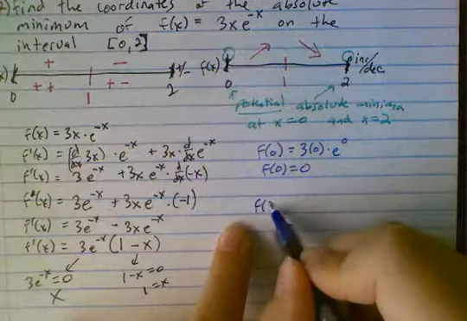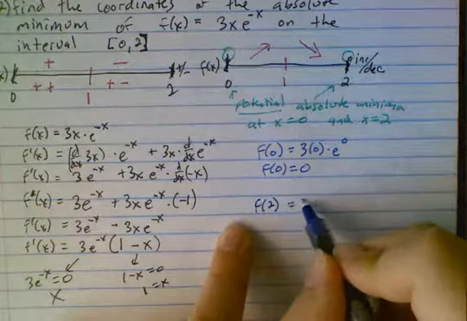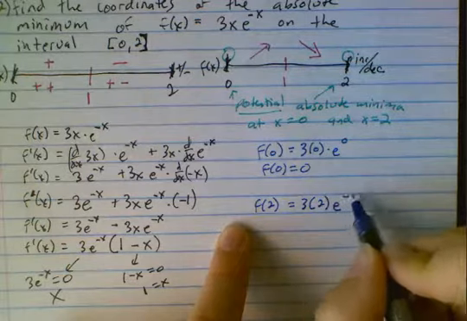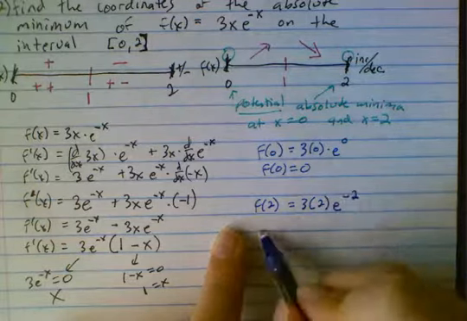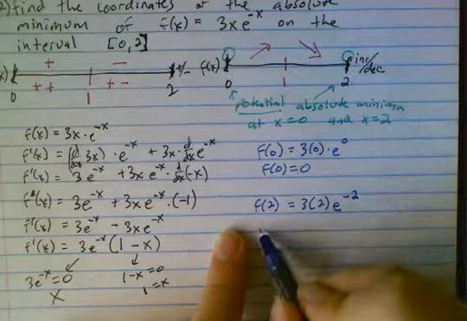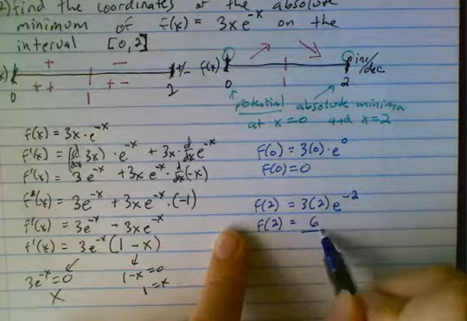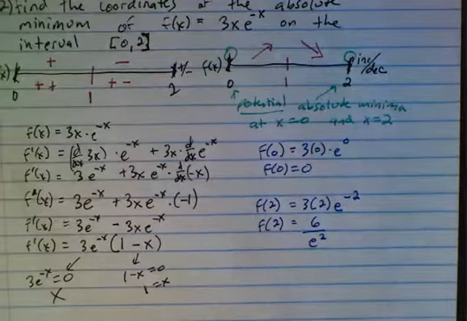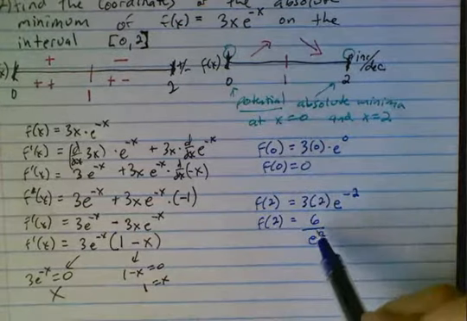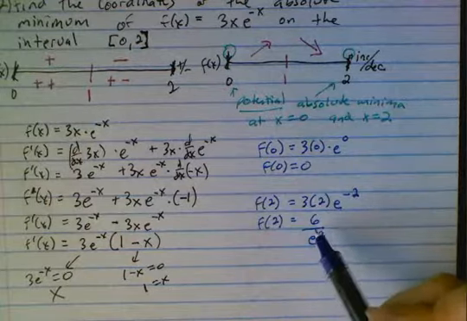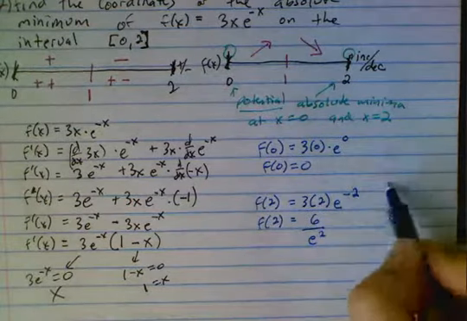And then for f of 2, that's 3 times 2 times e to the negative second power. So if we work with that negative exponent, 3 times 2 is 6. We don't know exactly what this value is without a calculator, but we do know that this is definitely positive. That is definitely greater than 0. 0 is less than all positive numbers, so this is smaller.